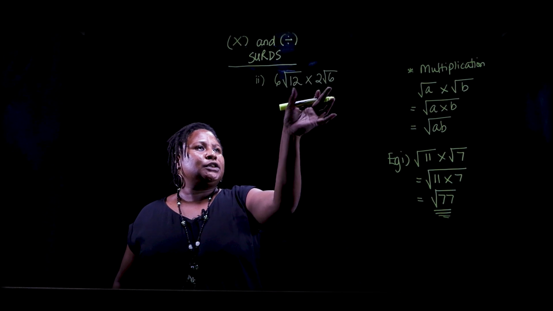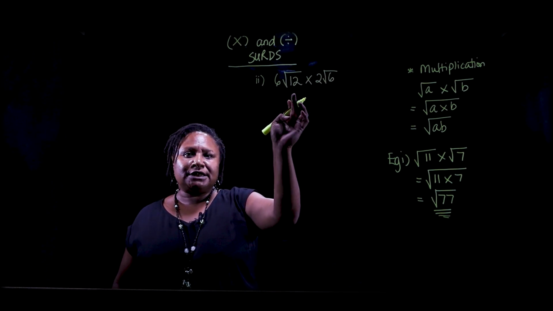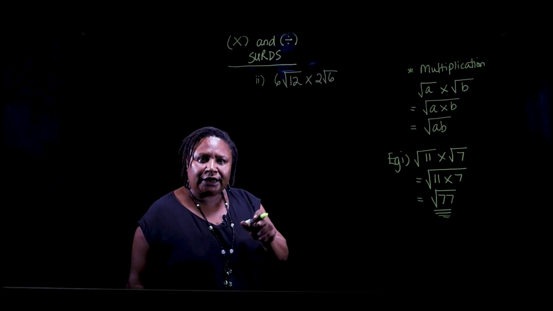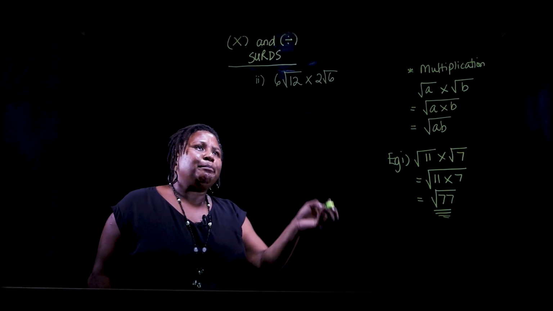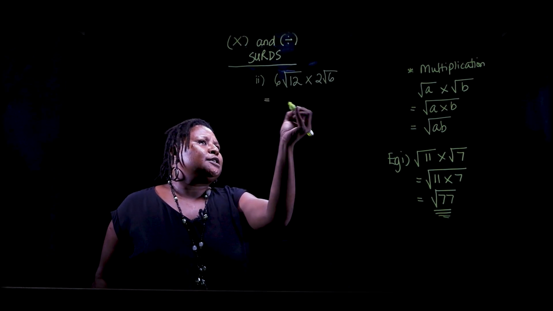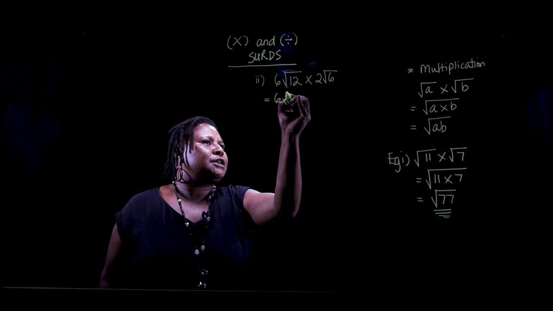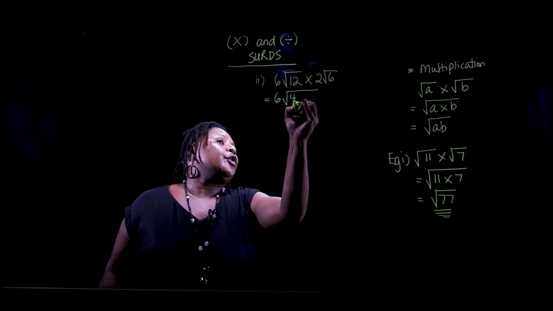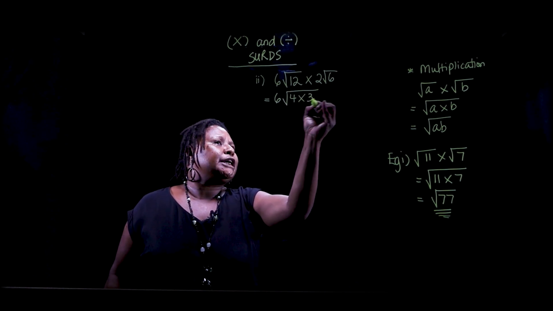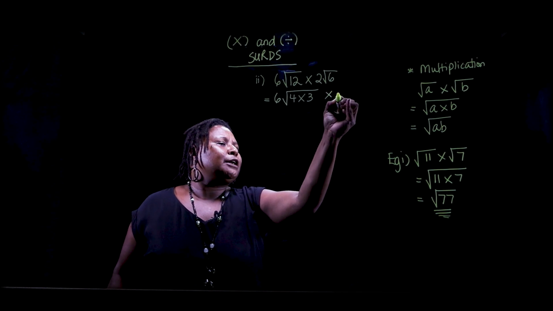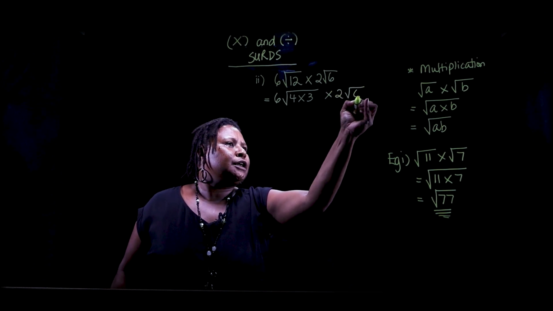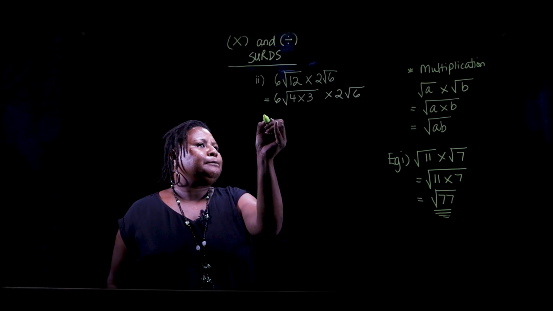But you will notice that the number 12 here can be simplified to factors which include one square number. So let's do that: 6 times root of 4 times 3, multiplied by 2 root 6.